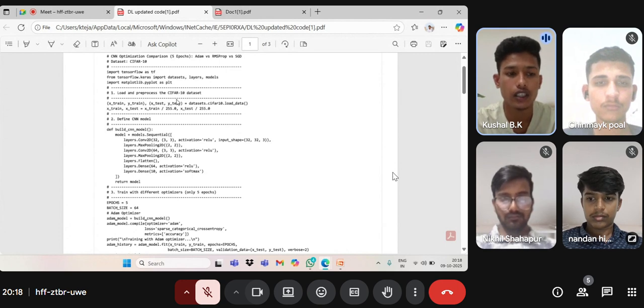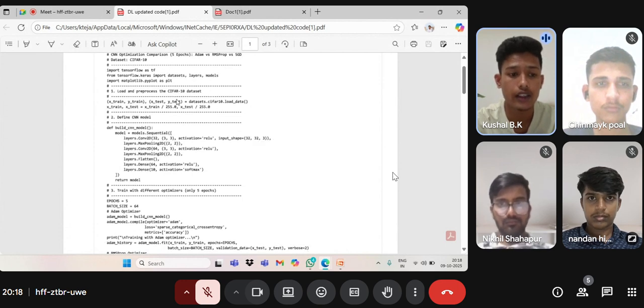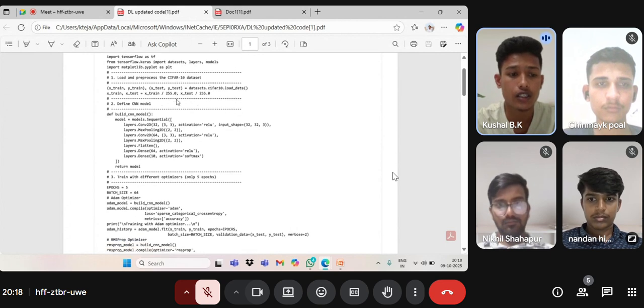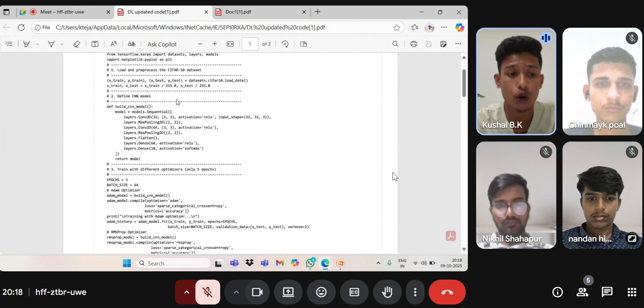Here we import libraries like TensorFlow, datasets, layers, models, and Matplotlib for graph visualization. In the first step, we load and preprocess the CIFAR dataset, initialize x and y variables, and define the CNN model.